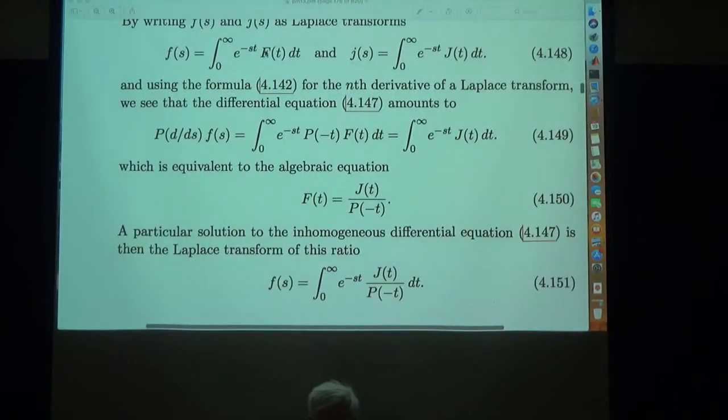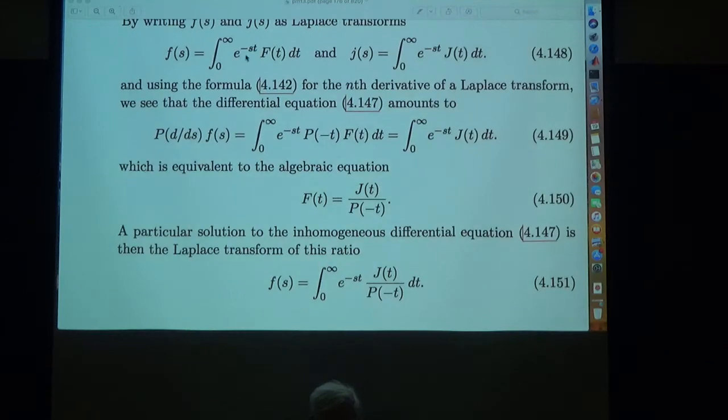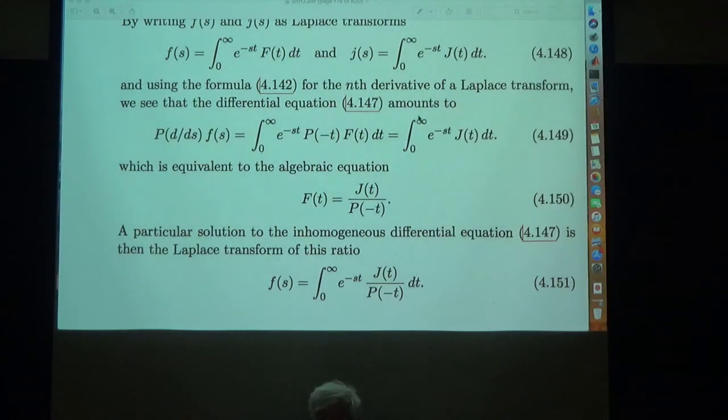And so, bingo, you get that, and now you differentiate f, and that means that p of d by ds hits e to the minus st, it turns p into p of minus t, the right-hand side is j. This equation just tells you that p of minus t, f of t is j of t, so f is just this.